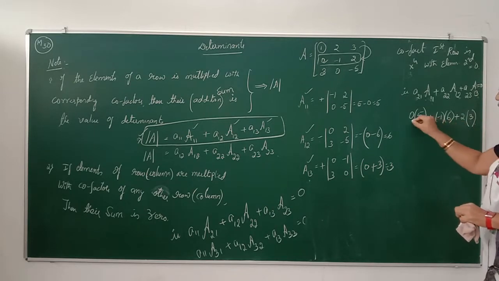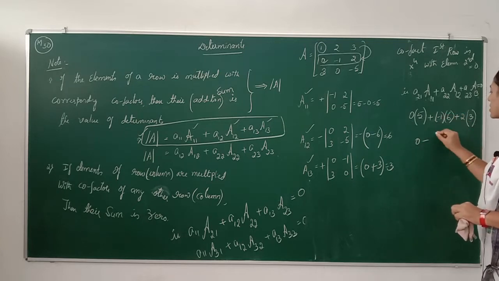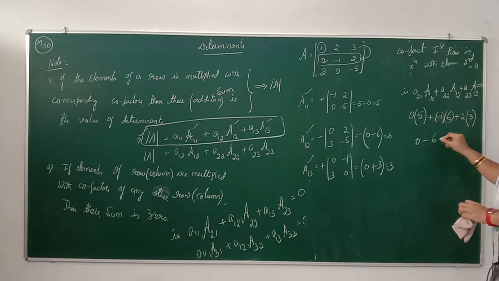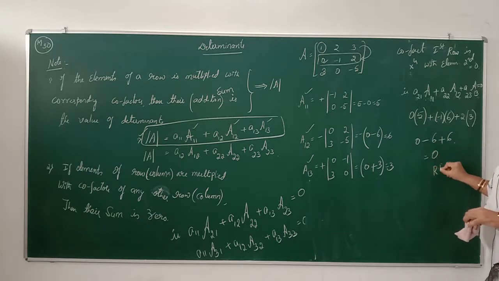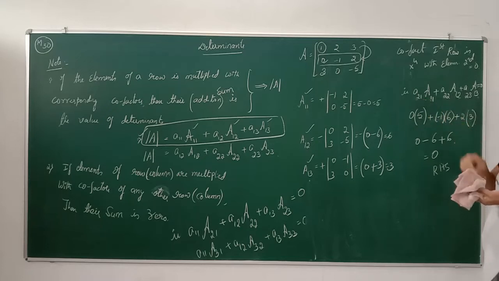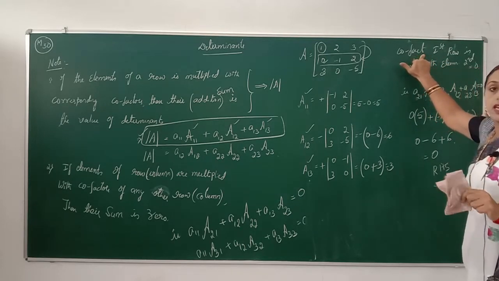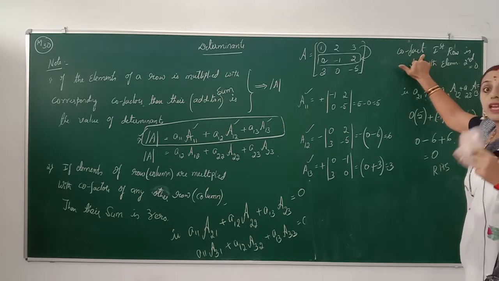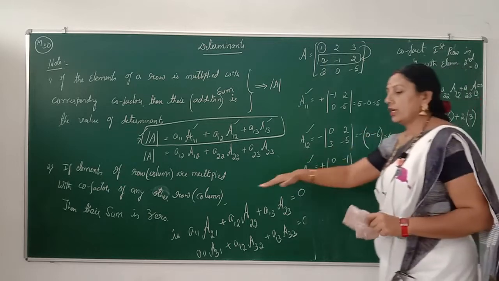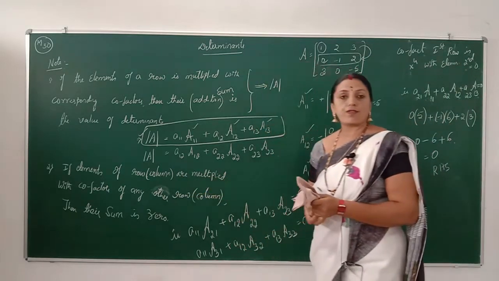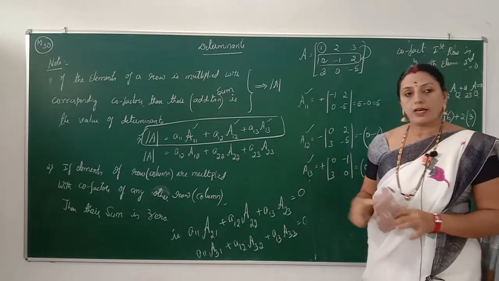Simplifying: 0 into 5 is 0, plus minus 1 into 6 is minus 6, plus 2 into 3 is 6. So 6 minus 6 equals 0. It's the solution of the RHS. Therefore, if any elements are multiplied with the cofactors of another row, then the sum is always 0. That is another condition for the relation between cofactors and elements of a determinant.